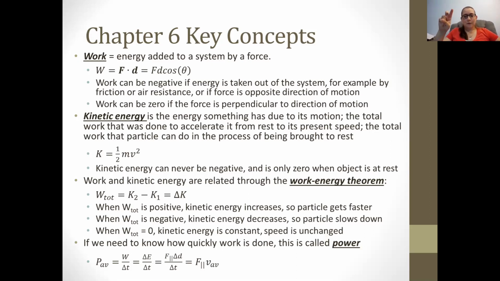So we can see the force, those two lines there mean the parallel force. So the force that's in the direction of the displacement times the displacement divided by the time that it takes. And that's also equal to the parallel force times the velocity. So there are lots of different ways to calculate power, but basically it just tells us how fast that work is done.